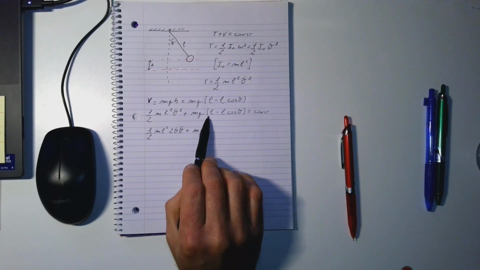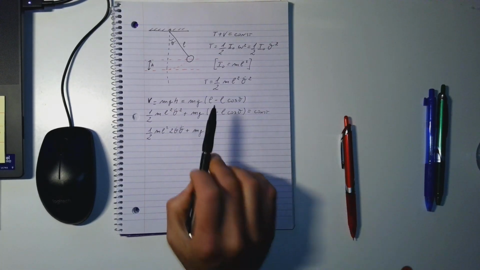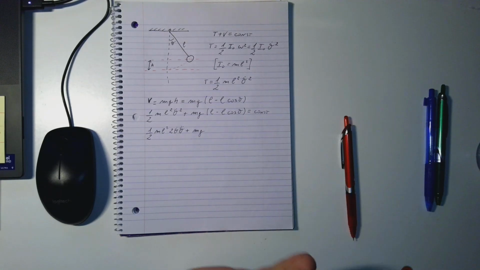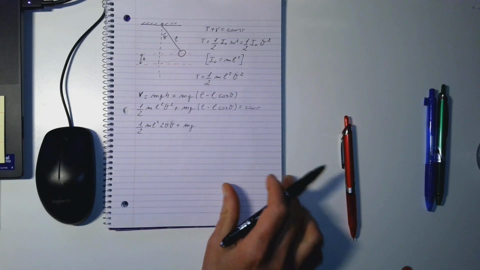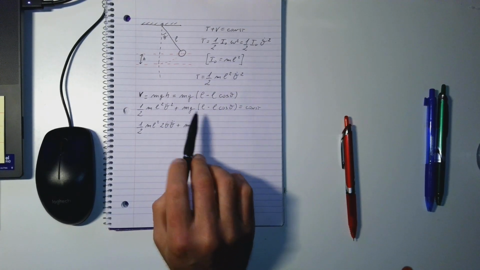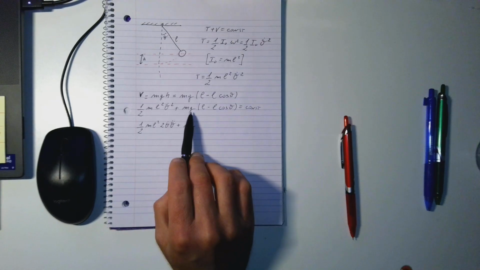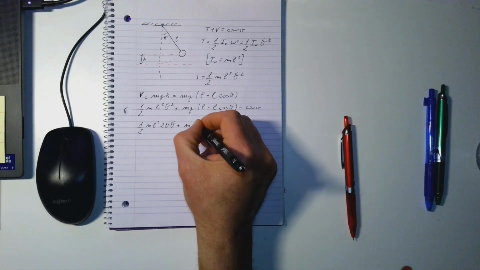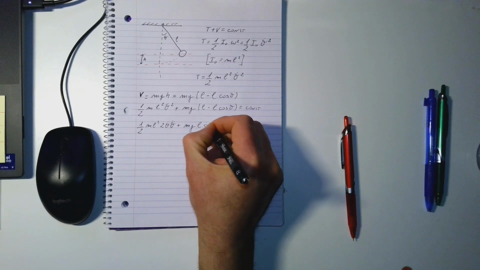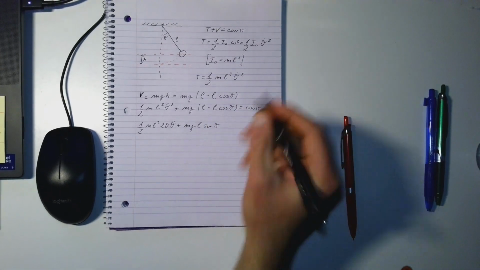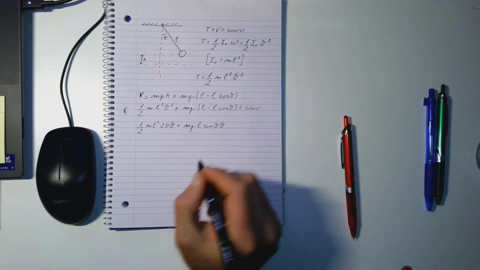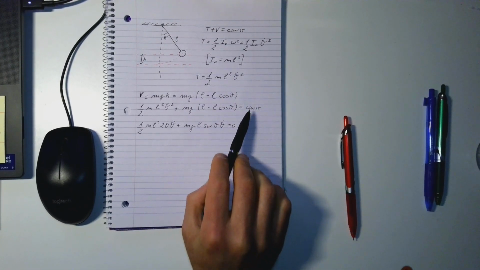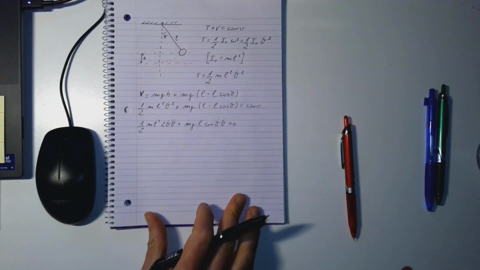Of course, mgL is a constant, so we can get rid of it. So we have only the derivative of this quantity, mgL cosine theta, so we have mgL sine of theta multiplied by theta dot equal to 0. Derivative of a constant is 0, right?